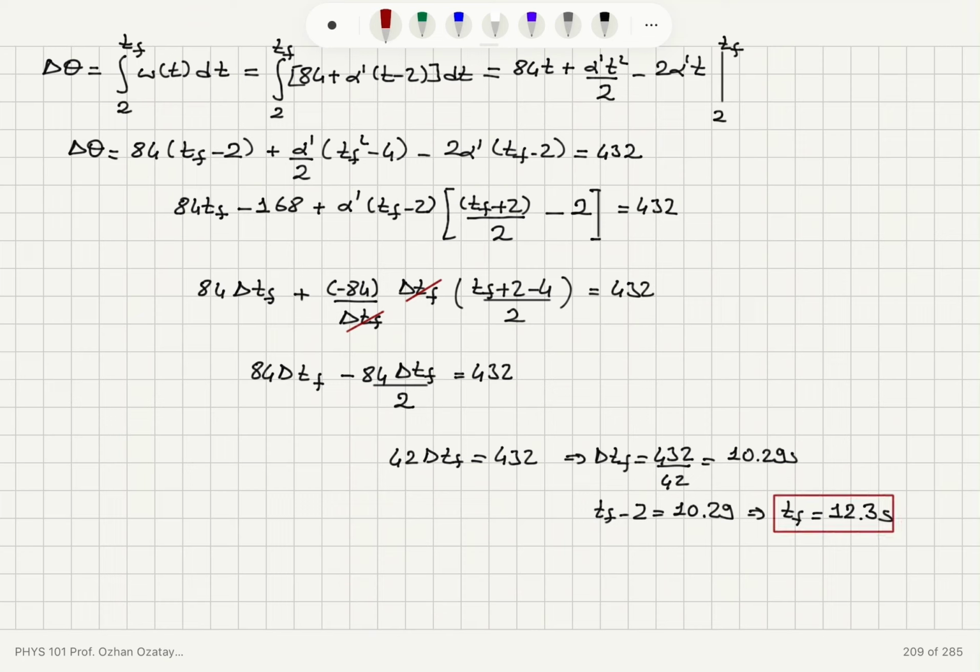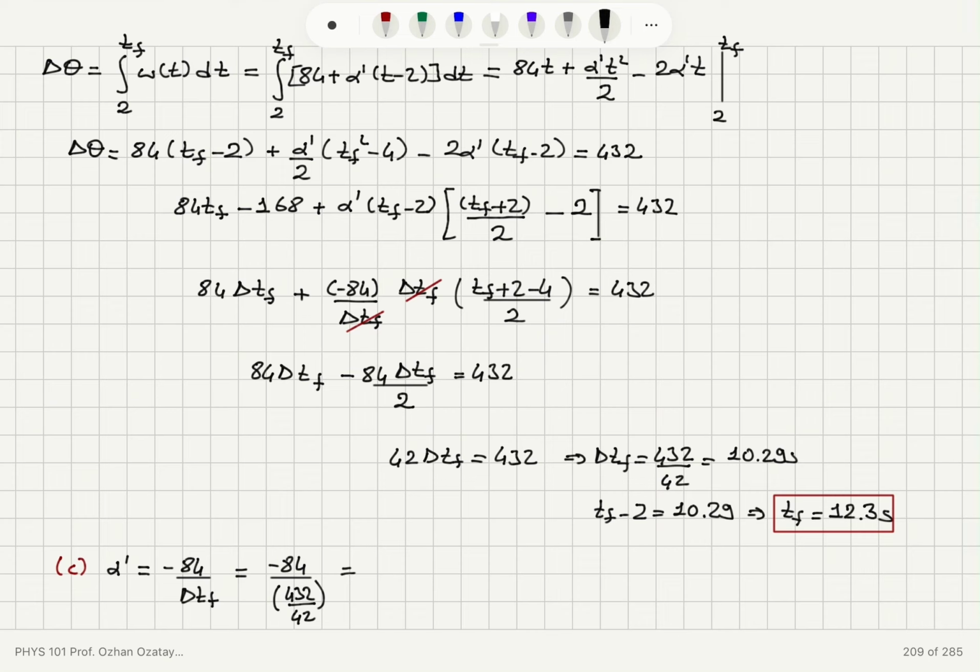All right, and part C asks us to find the angular acceleration it had between t equals 2 and the time it stopped. So that's alpha prime. Alpha prime we have found to be minus 84 divided by delta t final. And that would be minus 84 divided by 432 over 42, which is delta t final, to be more exact.